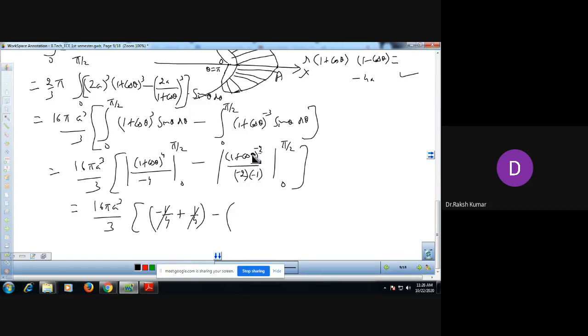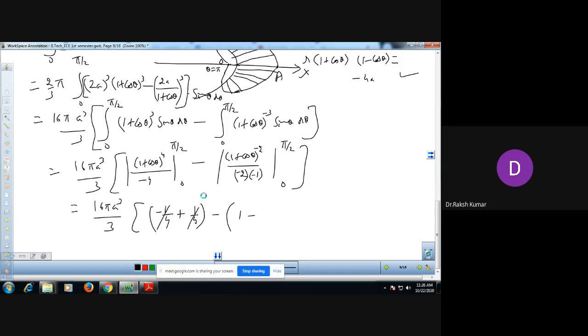Substitute the limits now. That is cos of pi by 2, 0. That will be 1. And what it should be when you integrate it and substitute the value here, when you substitute 0 here, 1 plus 0, okay, a little mistake is there.